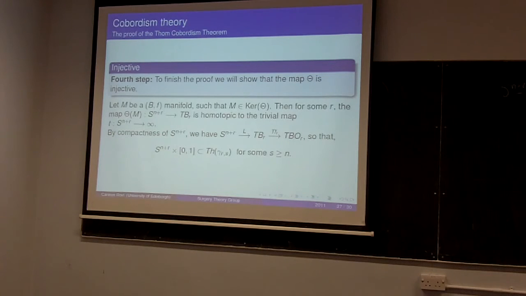So you had a map from TBOR to TBR. Yes. What is this map? So at the end you got a map from the sphere to TBR, by going from the normal bundle.